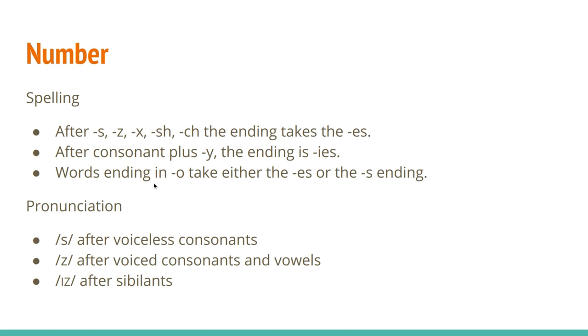And then whenever we have a word that ends in o, it might either take the es or the s ending. All right. You will have to check with a dictionary which are those words that end in o. For example, potato, potatoes, with es. Tomato, tomatoes. It could either, I think, be with s or es.